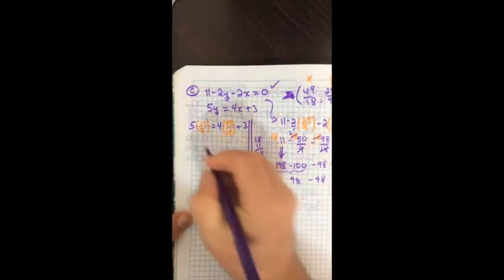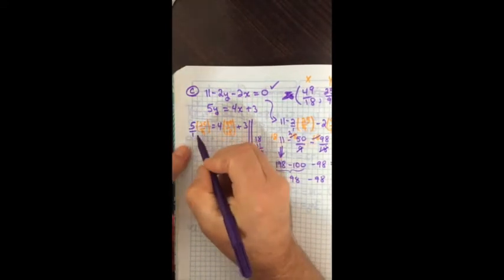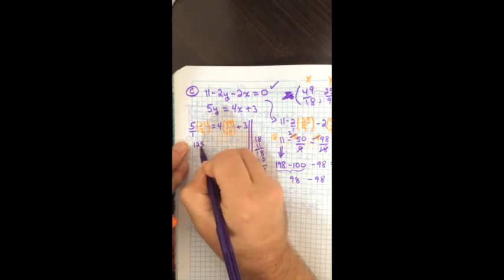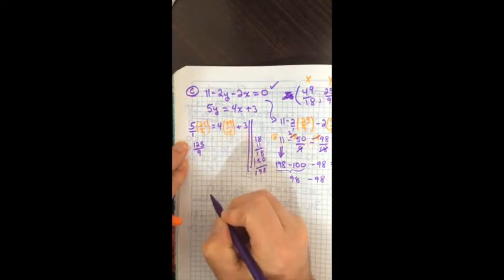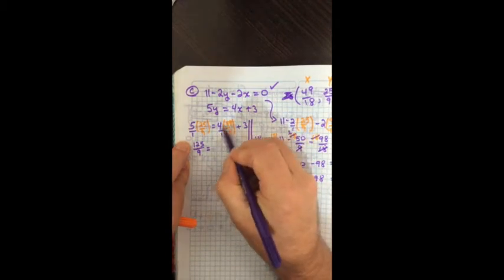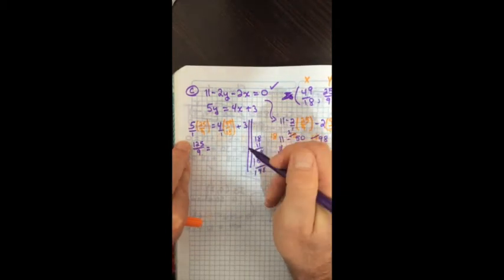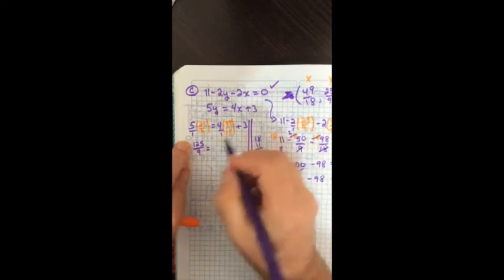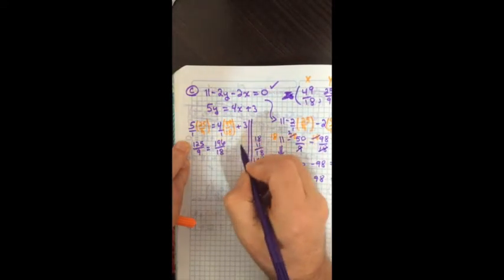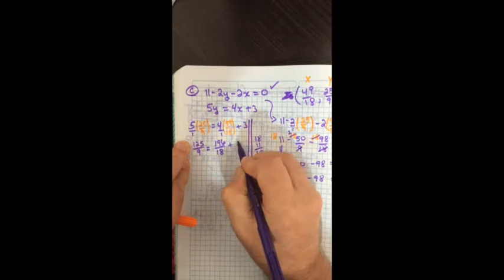Okay, well, let's make a fraction, so multiply. 5 times 25, that's 125, and 1 times 9 is 9. Let's see here. What is 4 times 49? 196, and 1 times 18 is 18, plus 3.